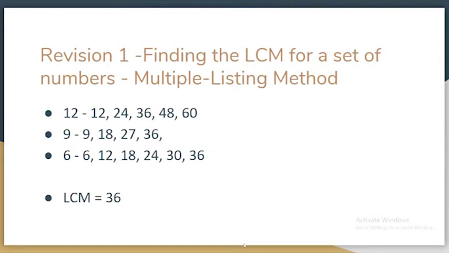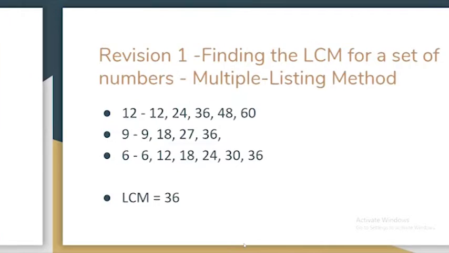Ha! We're there. 36 is the first number that is a multiple of all 3 numbers, 12, 9, and 6. Hence, 36 is the lowest common multiple of 12, 9, and 6.